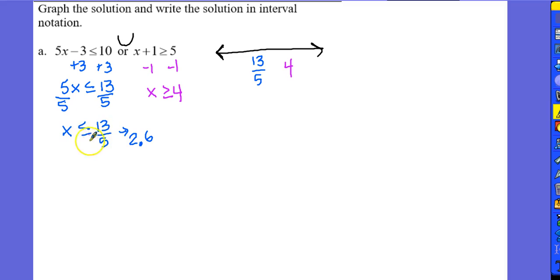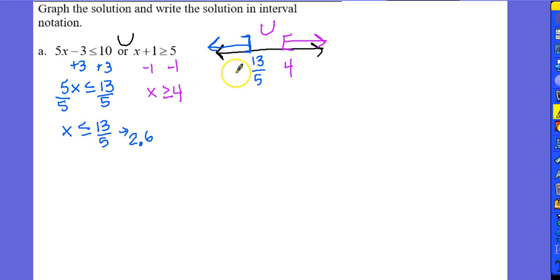So this says x is less than or equal to 13/5. Since the x is in the front, we'll use the arrow to help us. So it's going that way, and we'll use a bracket. And our other one, x is greater than or equal to 4, so the arrow is going to the right with a bracket. So we see the gap. The gap is where the union symbol goes.